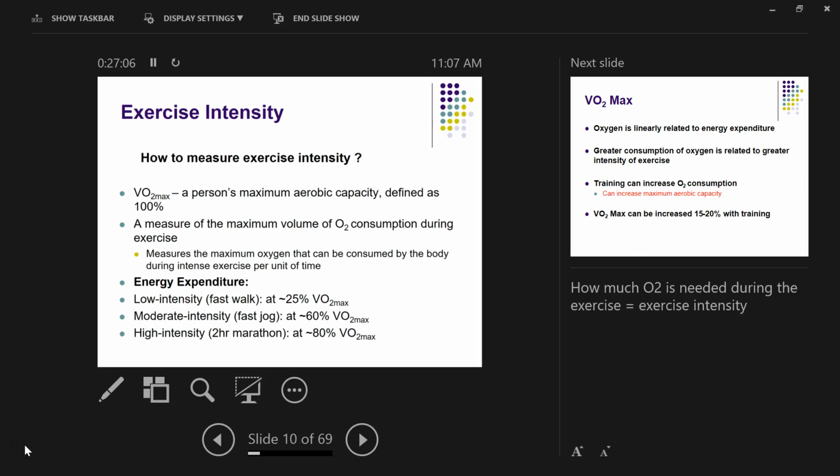And high intensity, like a 2-hour marathon exercise, you usually use 80% of the maximum oxygen capacity. So again, 25% is defined as low intensity, 60% moderate intensity, 80% high intensity, right? Is that clear? Any question about this?